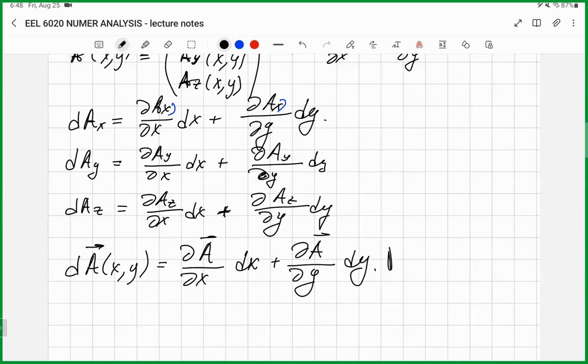And these two are, of course, the same. If you represent this dA vector by components, you will get these three formulas.